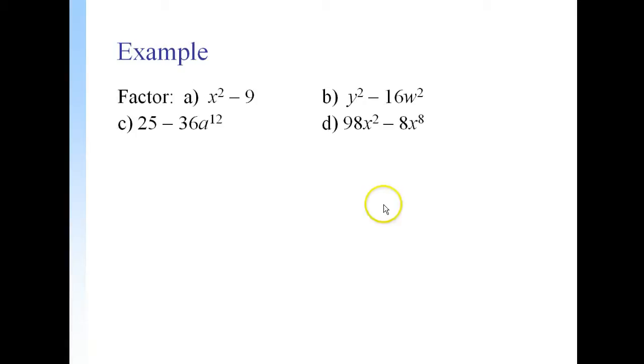All right, so let's do these. I'll put them right up here. These are sort of easy to do. We just put two sets of parentheses and then x plus 3, x minus 3. The difference of perfect squares factors into their conjugates.